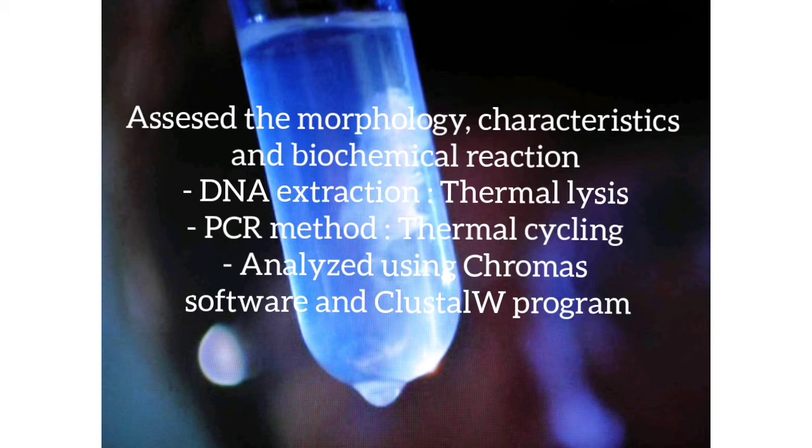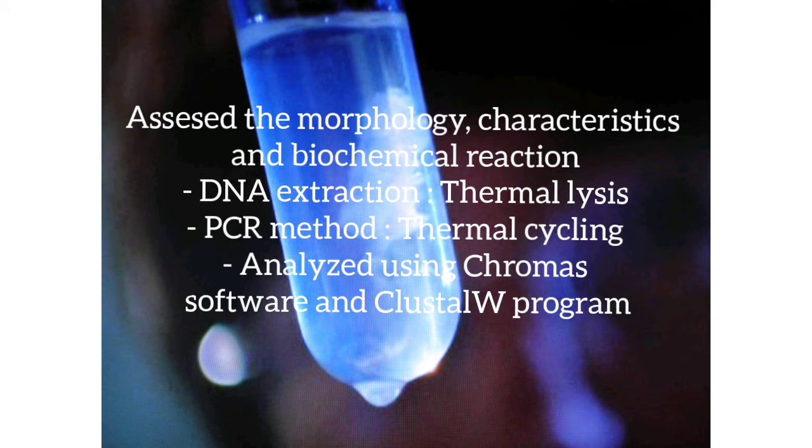Okay, first for the DNA extraction, thermolysis is used. Thermolysis is some kind of boiling method, and at the end we will get a pellet that is full of the microbe or DNA of the microbe. Next, the PCR method is used to identify the microbe.